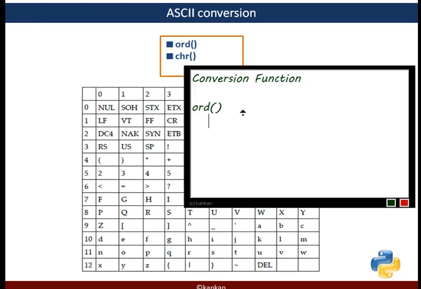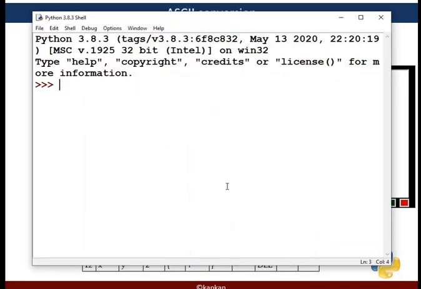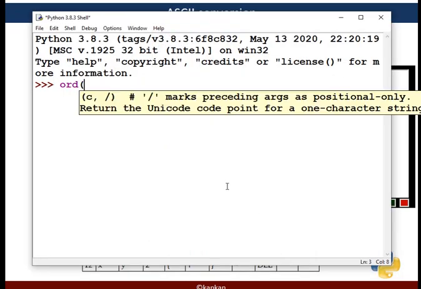ORD will produce the equivalent value of the ASCII character, that is 65. How will it proceed? This is the function ORD.